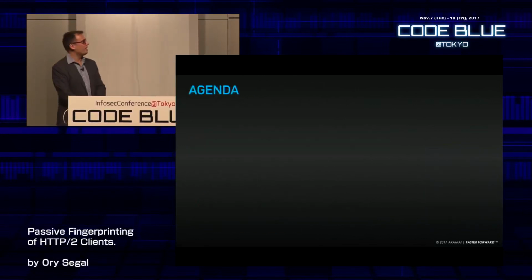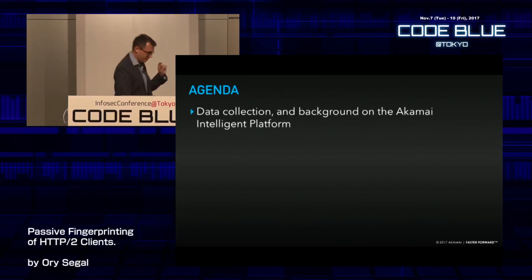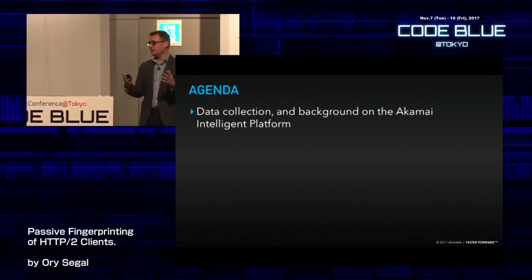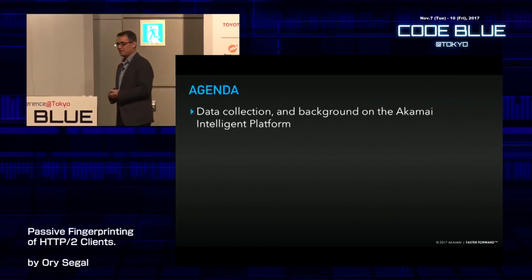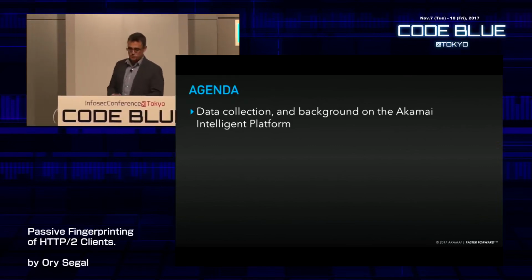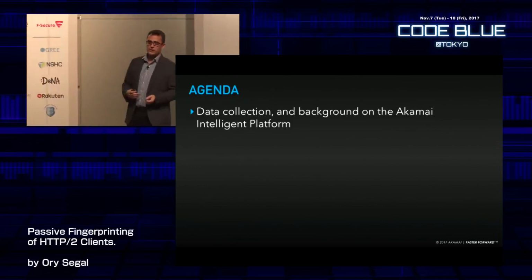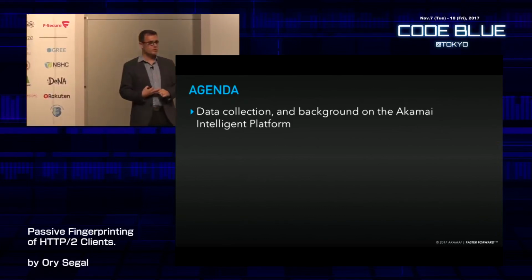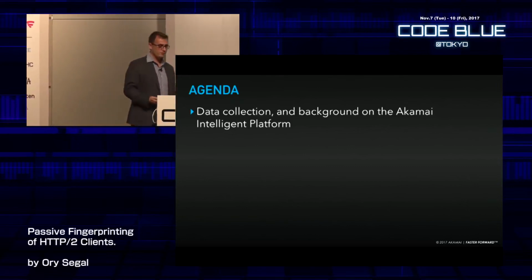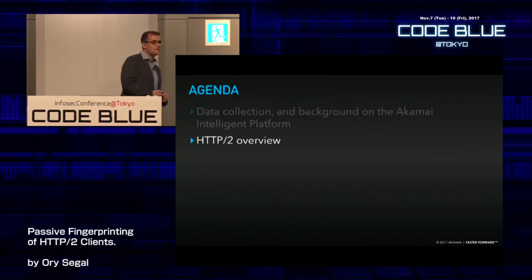So what are we going to cover today? First, we're going to talk about a few words about Akamai, actually one slide. I'm not trying to push or to sell or to pitch anything. I don't think it's even relevant. I just want to show you what kind of data Akamai has access to, which makes this research more accurate and more appealing for the reader. Then we'll do a little bit of an overview on HTTP2.